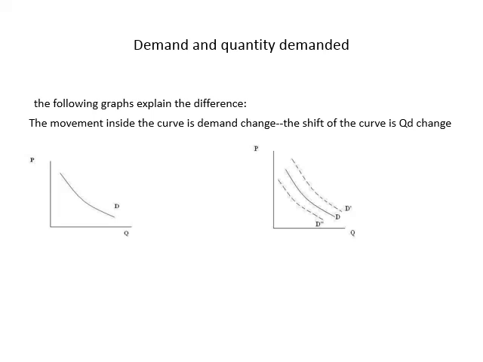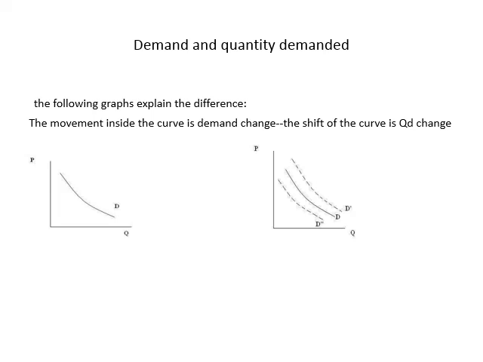The right graph shows that there are three curves, D1, D2 and D. What happened here? The curve D shifts to D1 and the curve D shifts to D2, to the right or to the left.